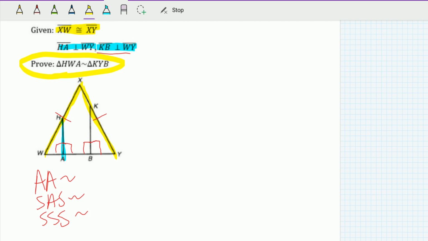Okay, so we're talking about triangle HWA. So, HWA. Let me change color. We're talking about HWA. So, it's that little one right there. So, we have H, we have W, and we have A. Because it's perpendicular, I know I have a 90-degree there. Okay, and then we have the other triangle, which is going to be KYB.